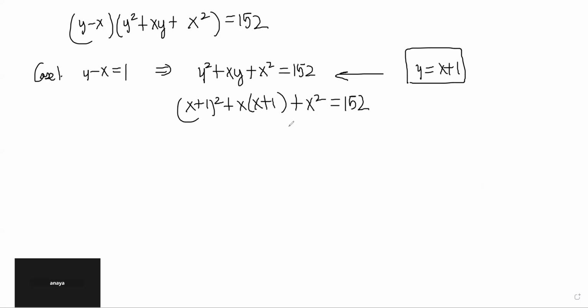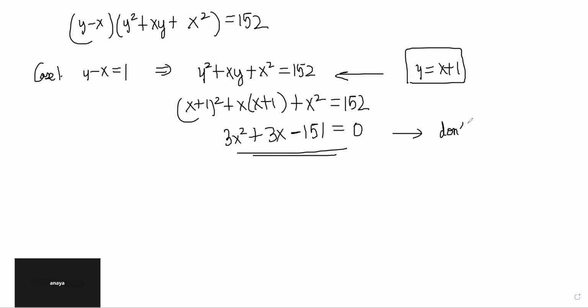You end up with a quadratic equation: 3x square plus 3x minus 151 is 0, where we don't have any integer solutions. You can check the roots, they're not integers. We needed integer solutions.